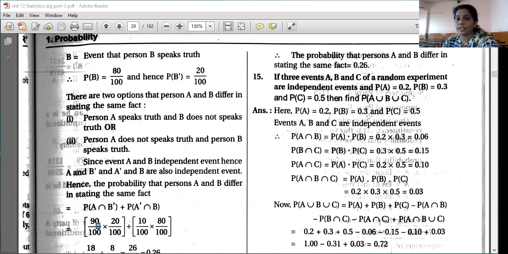Now P of A intersection B intersection C is P of A into P of B into P of C, that is 0.2 into 0.3 into 0.5, that is 0.03.